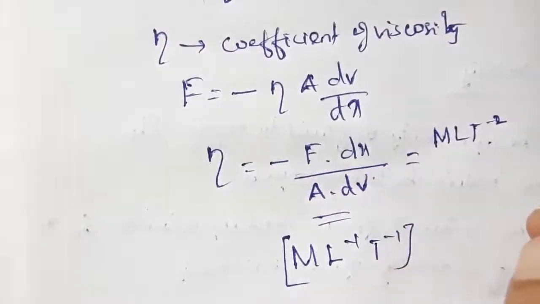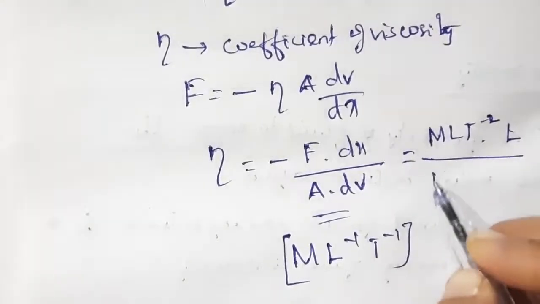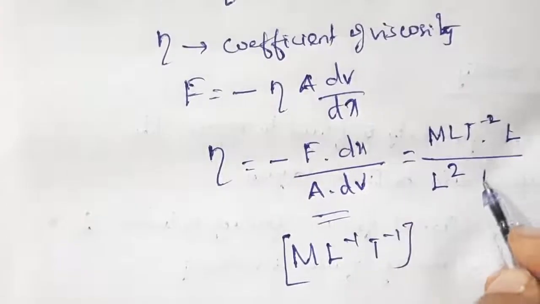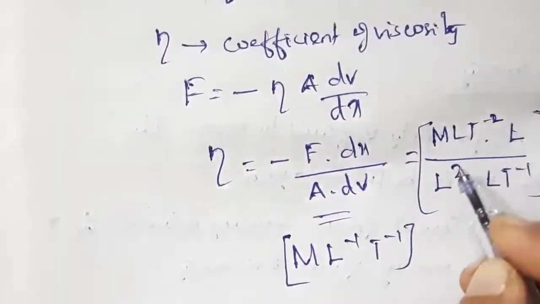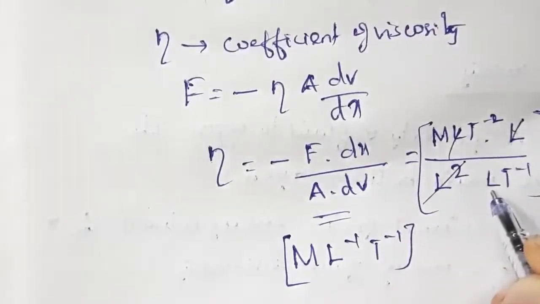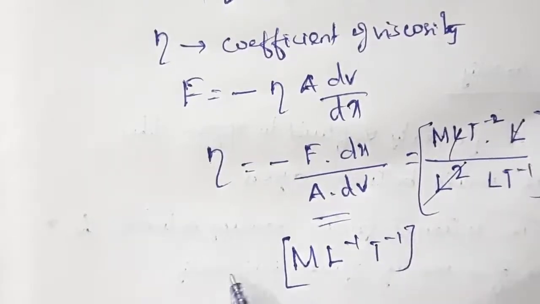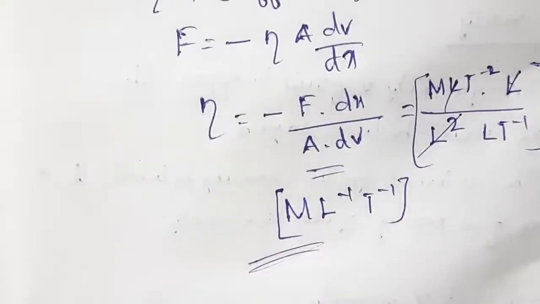The dimensional formula for dx is L, the length, for area is L square, and for velocity is L T raised to minus 1. If you simplify this, L square and L get cancelled, only one L is there in the denominator, so we can write M L power minus 1, and T power minus 2 with T power minus 1 cancelled, we get T power minus 1. So this is the dimensional formula for the coefficient of viscosity.